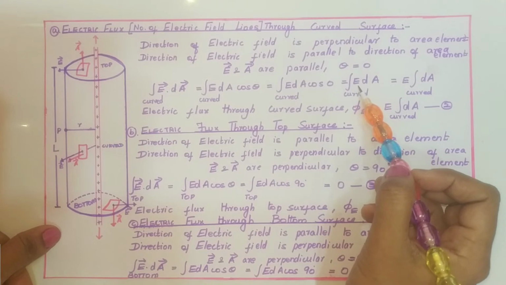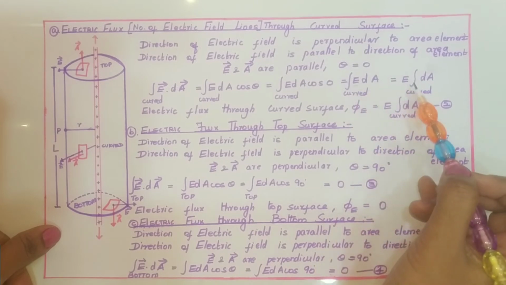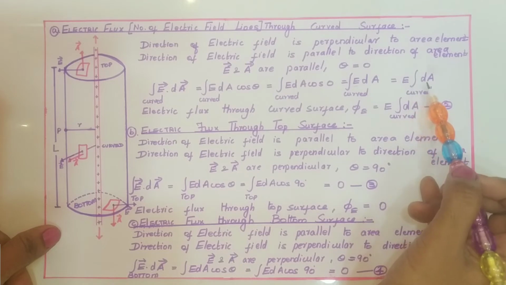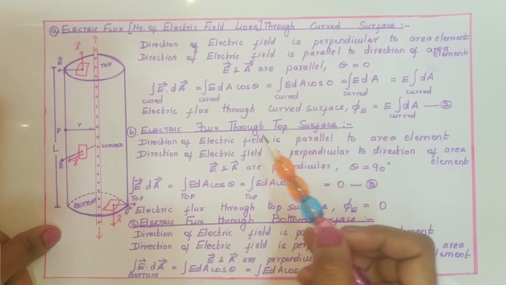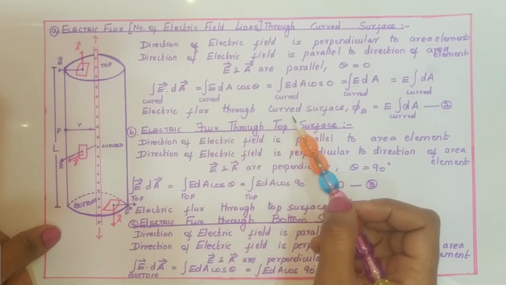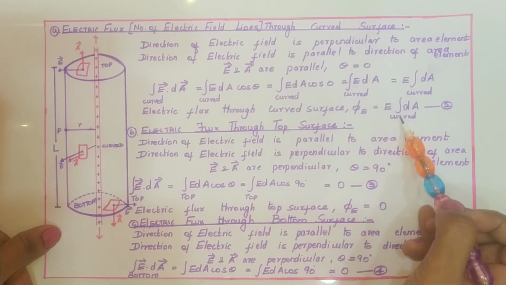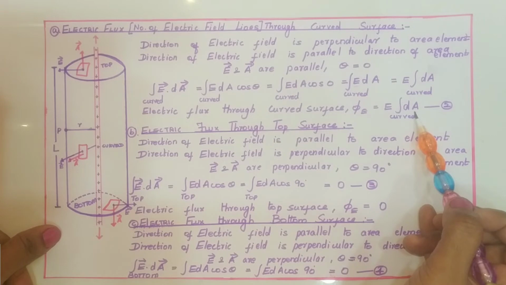We know that the electric field E has the same magnitude, so it is taken out of the integral and written as E times the integral over the curved surface of dA. That is, the electric flux through the curved surface, phi E, is equal to E times the integral over the curved surface of dA.